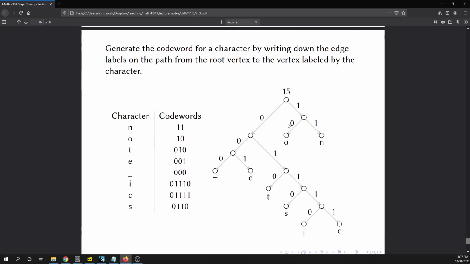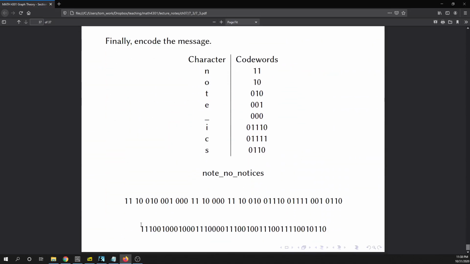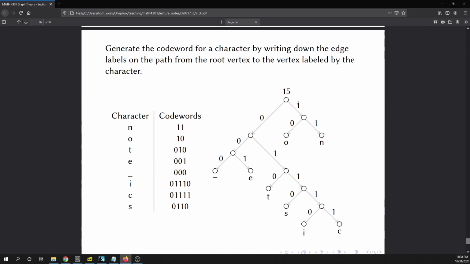You start at the root, and it would be 1 1, boom, I'm right here, and you write that down. You would know that corresponds to an N. Then you start at the root again, 1 0 0 1. So 1 0 would correspond to an O. Each time you write that letter down.